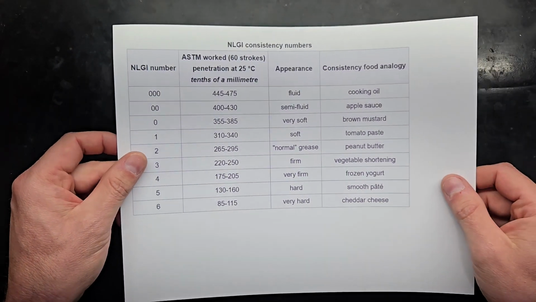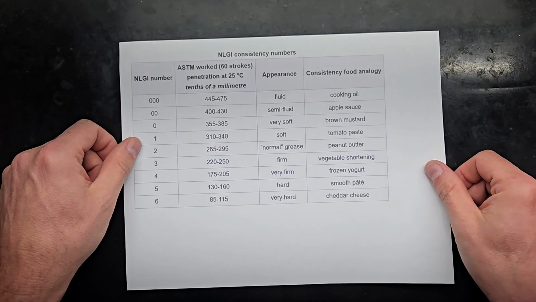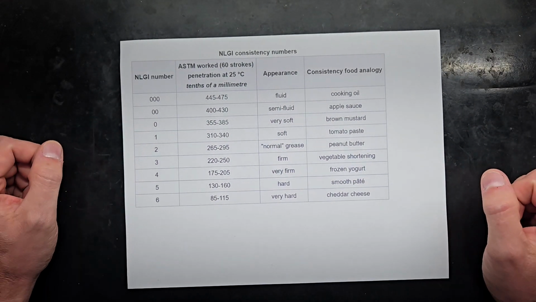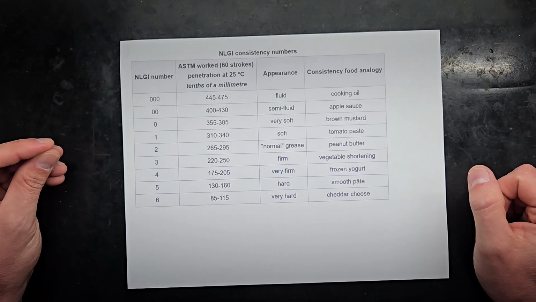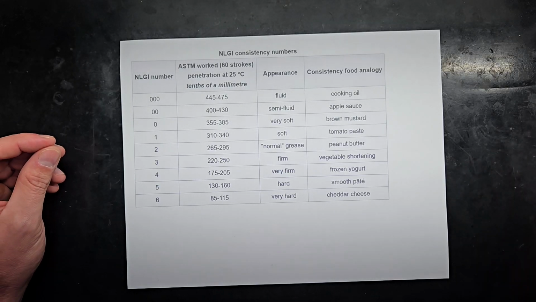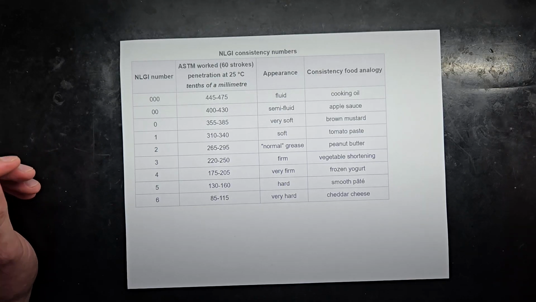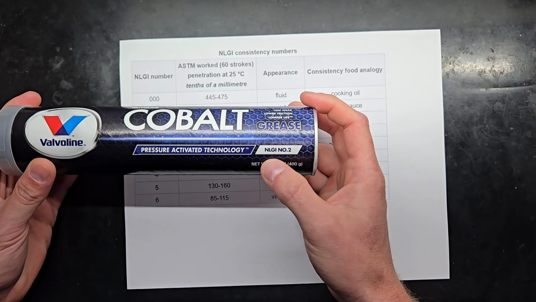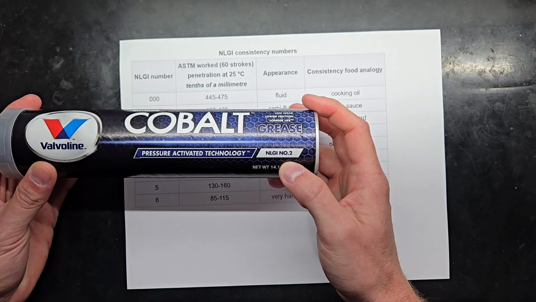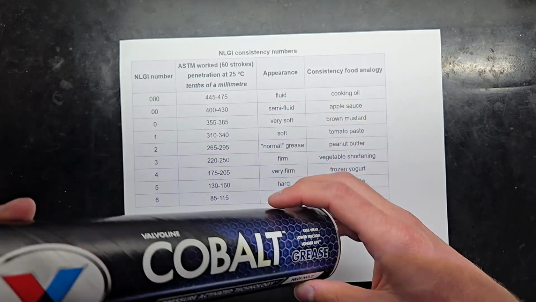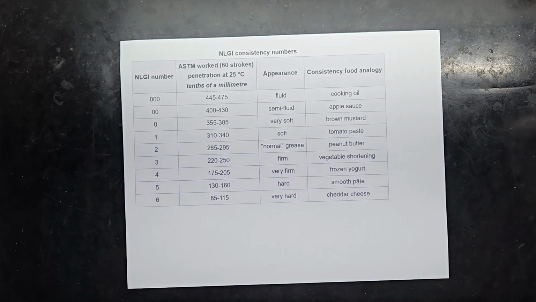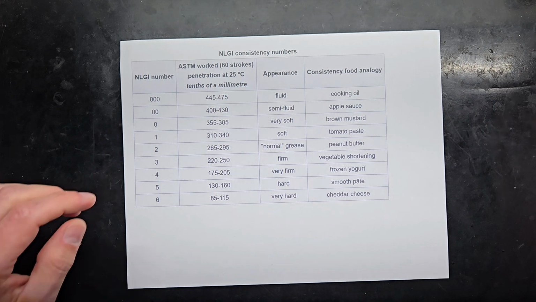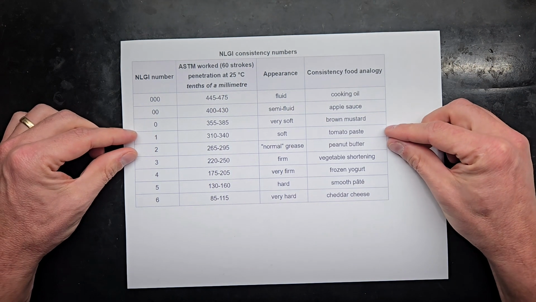The next thing worth talking about are the different NLGI consistency numbers. So where you would see this on a tube of grease would be this NLGI number. So in the hardware stores or auto parts stores, the two prominent consistency grades that you're going to see are the 1s and 2s.